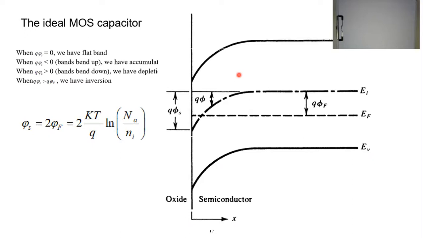In the previous part, we investigated the MOSFET performance in terms of the metal oxide semiconductor junction, where we discussed the three phases, including the accumulation, the depletion, and the inversion phase.